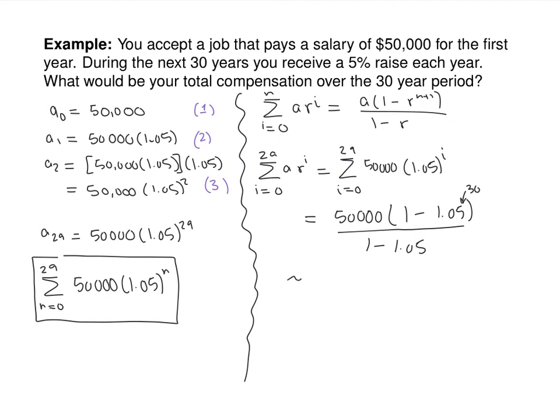And when you plug that into a calculator, it's approximately equal to $3,321,942. That's how much you will earn over a 30-year period, of course pre-tax and pre-expenses, but that's how much you've earned.